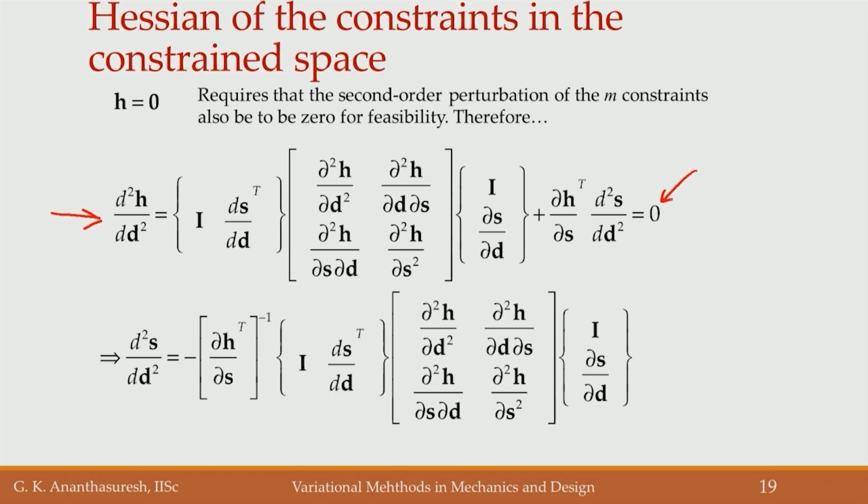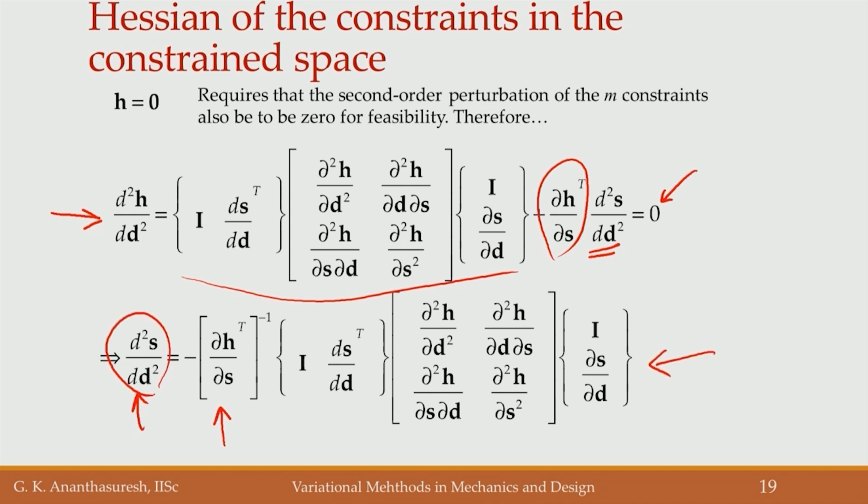That gives us a way to compute our unknown, d square s by dd square will become the inverse of this quantity which is over here, and then the rest of it, that is all that is here, is seen over there. Now, we got this. Now, we go back and substitute this, that is, substitute for this in the second order expansion of our z.